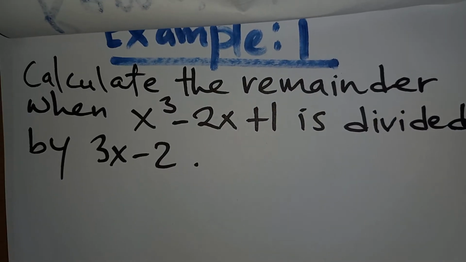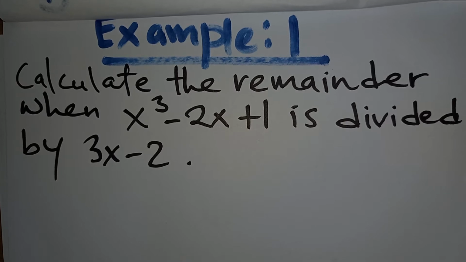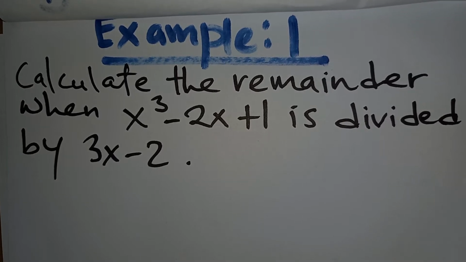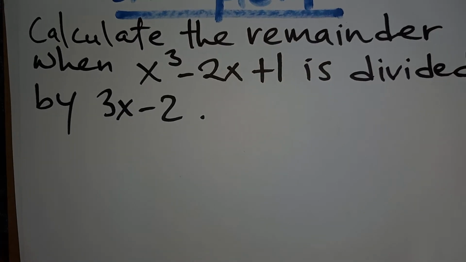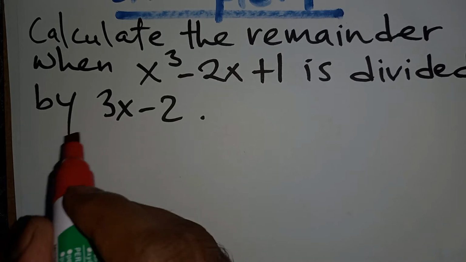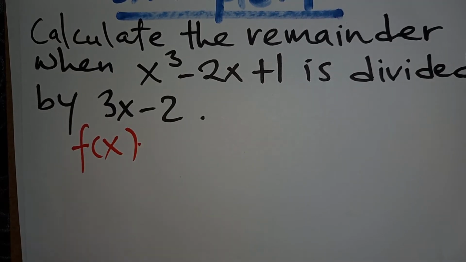Okay, you have example 1 here. Calculate the remainder when the polynomial x cube minus 2x plus 1 is divided by 3x minus 2. Like I was saying, you'll have your polynomial function f of x, then a divisor x minus a.